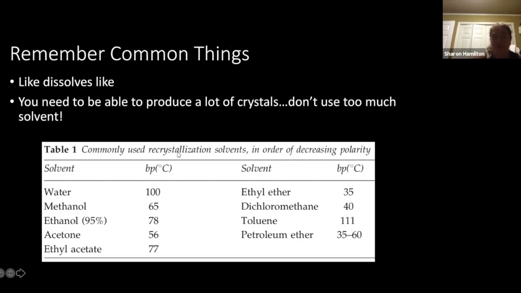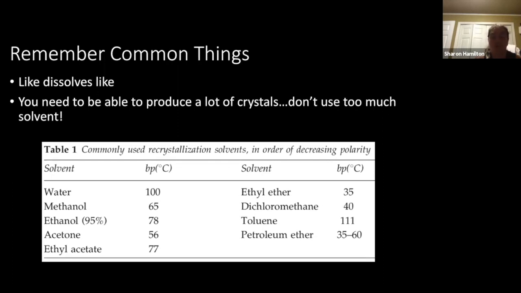Things to keep in mind as you're doing a recrystallization. There are things that you've learned for a long time now. Remember, like dissolves like. When you're estimating which potential recrystallizing solvent you might use, look at your material and the structure of that compound and identify solvents that share those intermolecular forces.